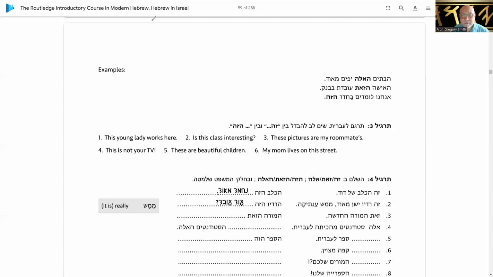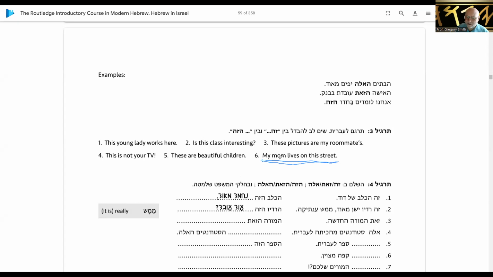Okay, the last one. My mom lives on this street. Okay, so the word for mom is ima. And if you were saying, it's like ha'ima shali, and that's going to probably use gara. And then for living or like dwelling. And then the word for street, I think, is, let's see, what is that one?